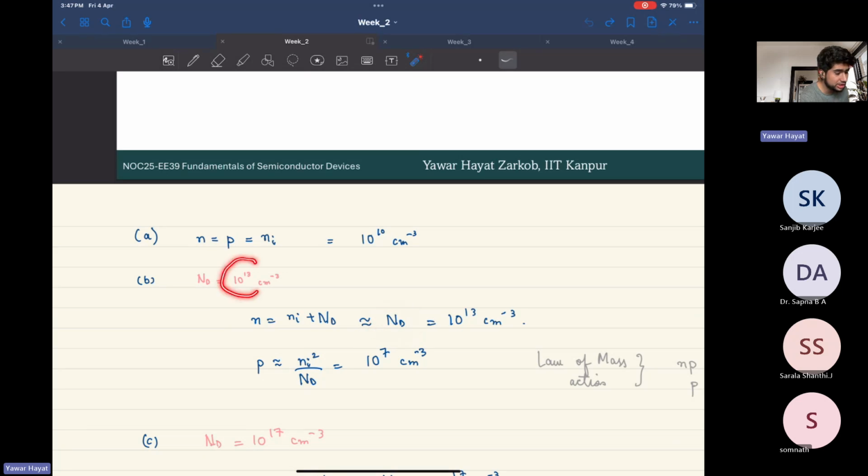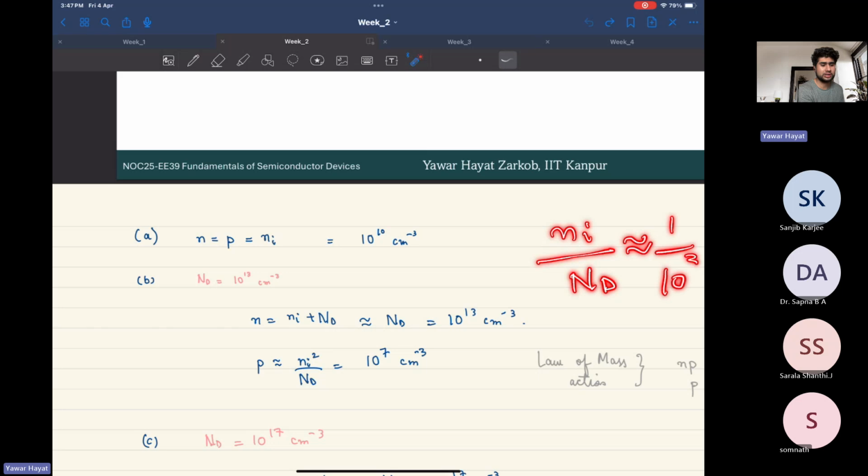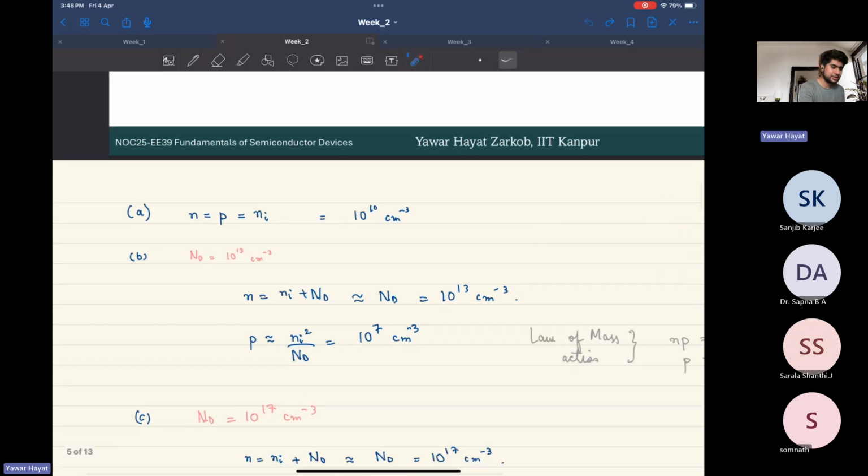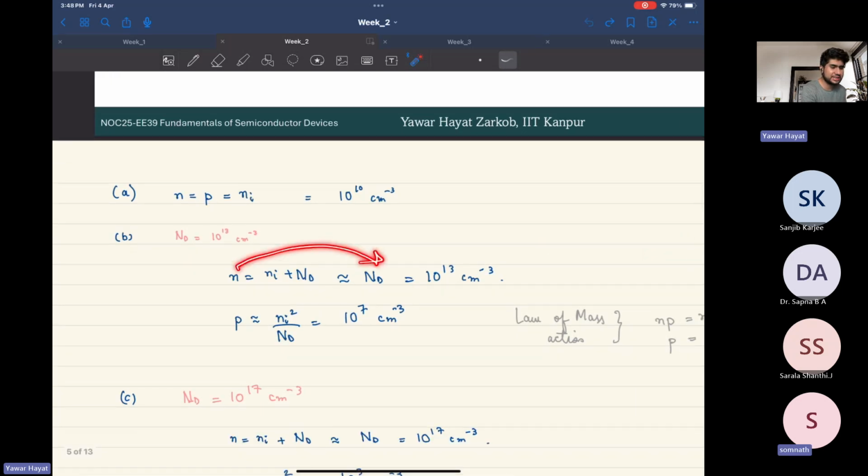Why? Because 10 to the power 13 is way larger than 10 to the power 10. Order of 3 is a lot, because your ni by ND is 1 by 10 to the power 3. So I can directly write n as ND, and my ND is 10 to the power 13. So n is 10 to the power 13.